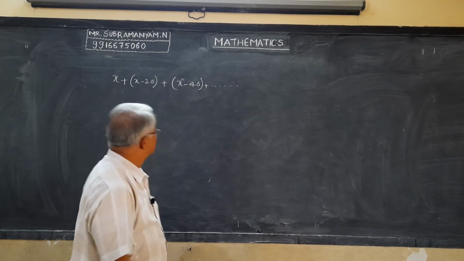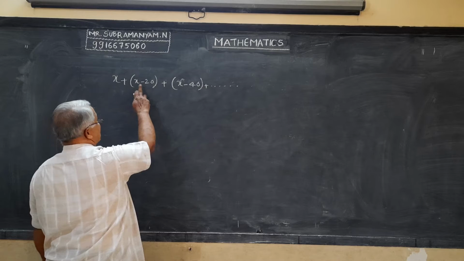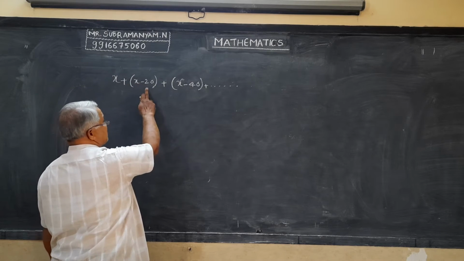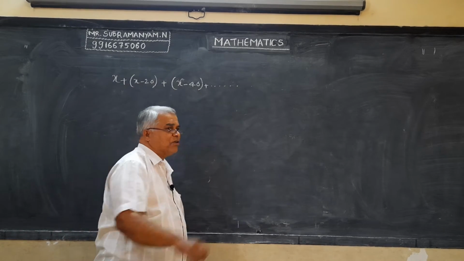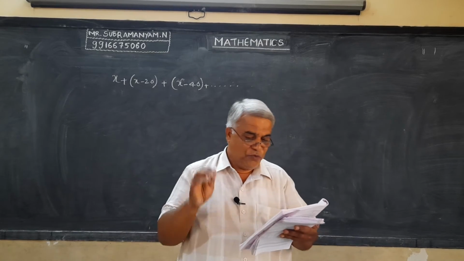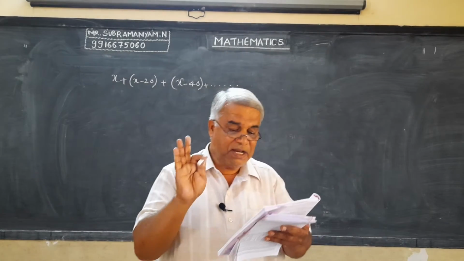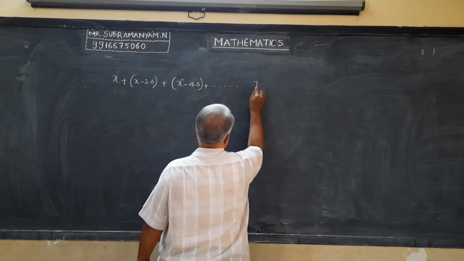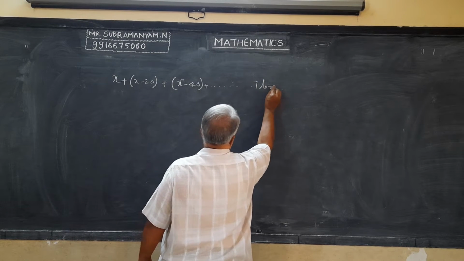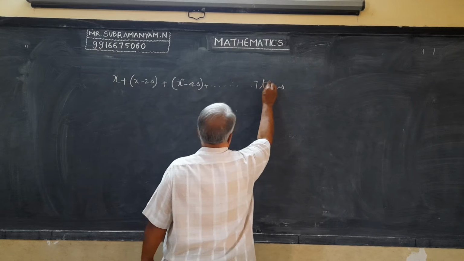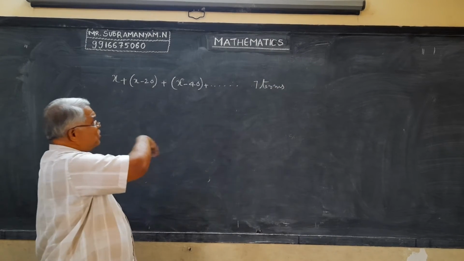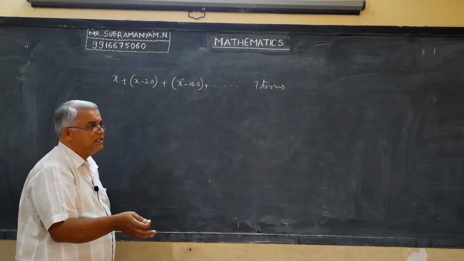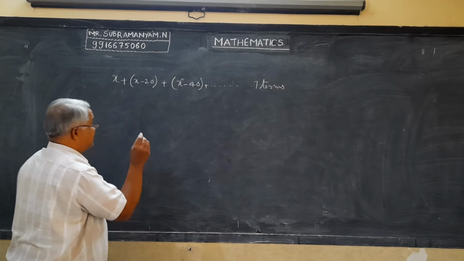Like this. Prize number 1, prize number 2, prize number 3, prize number 4, like that we have to give 7 cash prizes. That means 7 terms. So what is the total for all the 7 terms? It is 700 rupees.